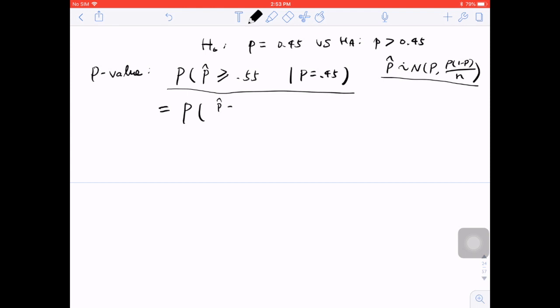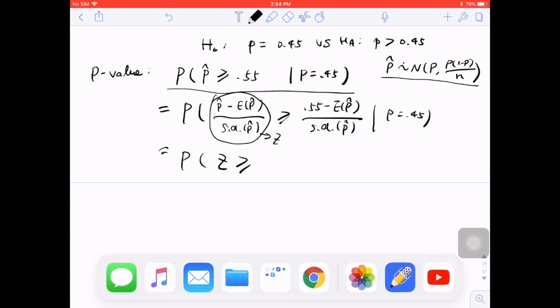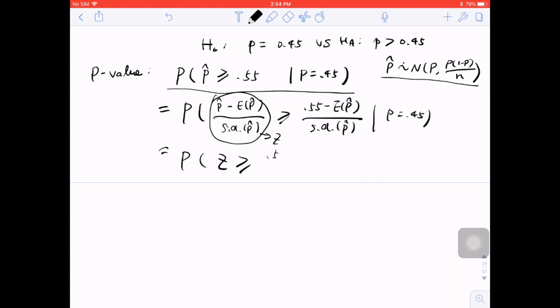So we use p-hat minus the expectation of p-hat, divided by the standard deviation of p-hat, is larger or equal to 0.55 minus the expectation divided by the standard deviation, given the condition that p is equal to 0.55. So this part is my z. So z is larger or equal to 0.55 minus the expectation divided by the standard deviation, which is the square root of the variance.